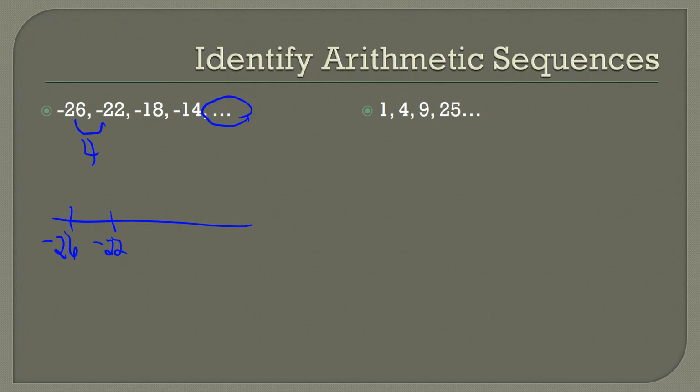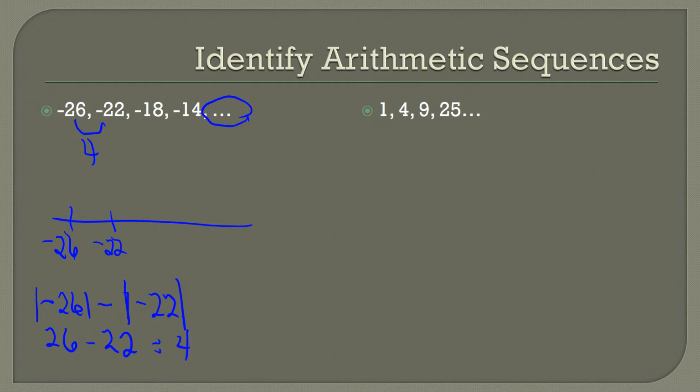Or I could look at it like this: if I take the absolute value of negative 26 and subtract from that the absolute value of negative 22, what is going to be my difference? The absolute value of negative 26 is 26, and the absolute value of negative 22 is 22. If I subtract 22 from 26, I get 4.